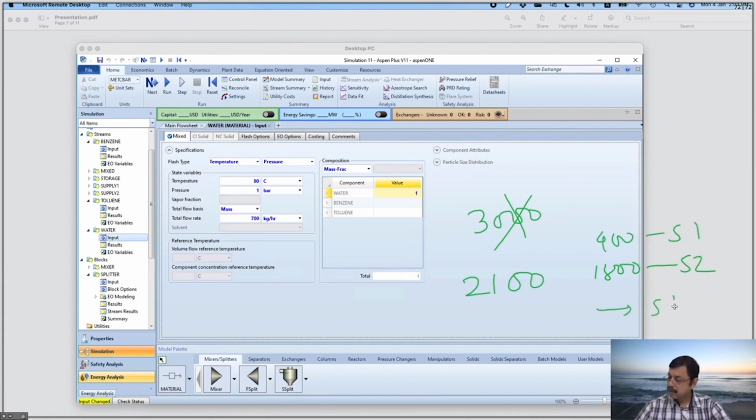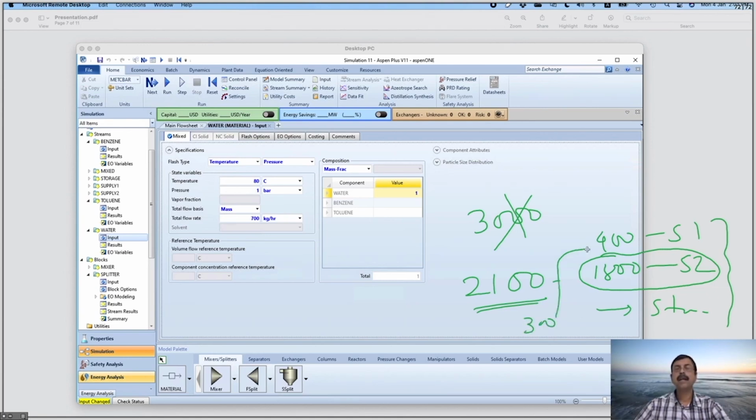But we do not have that much to flow. So here 1800 will be ensured to supply line 2, and 2100 minus 1800, so we will have 300. That 300 will go into supply line 1. Storage will go dry. So let us see whether this happens.